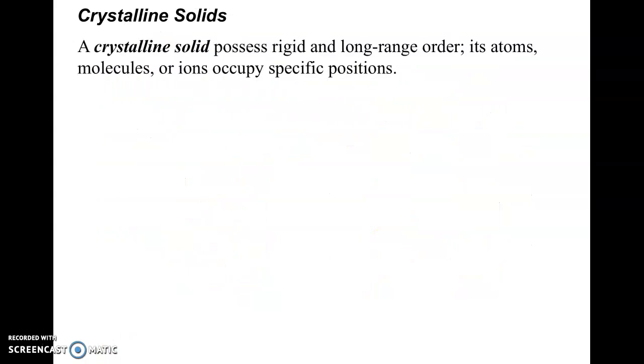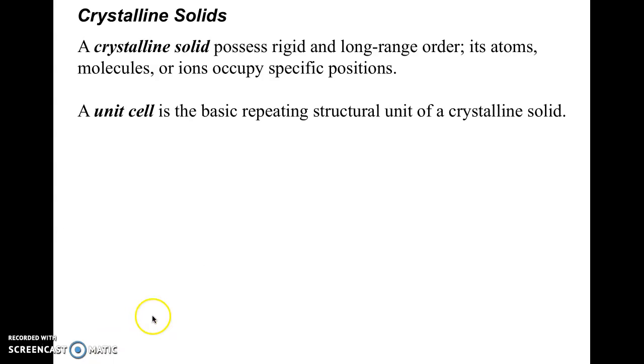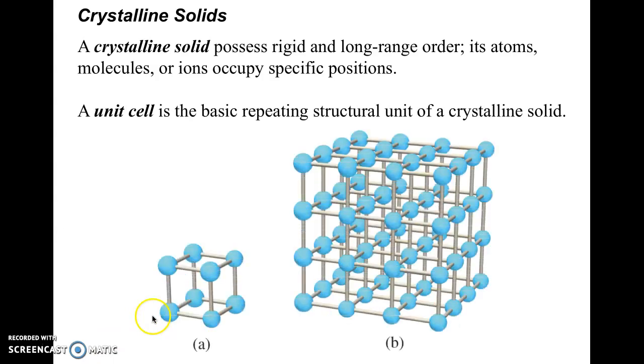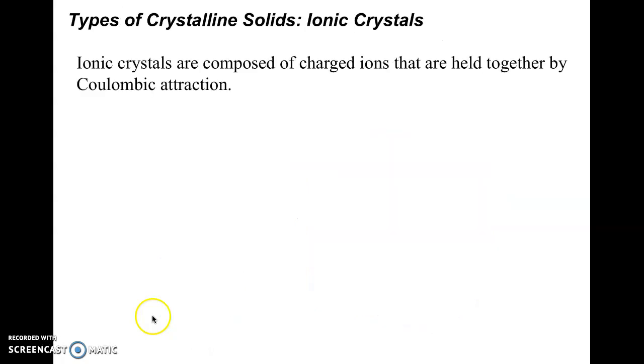All right, crystalline solids. True crystalline solids are very rigid and have a long-range order, and they have a unit cell that repeats. Here's an example: a cubic unit cell forms a bigger cube.